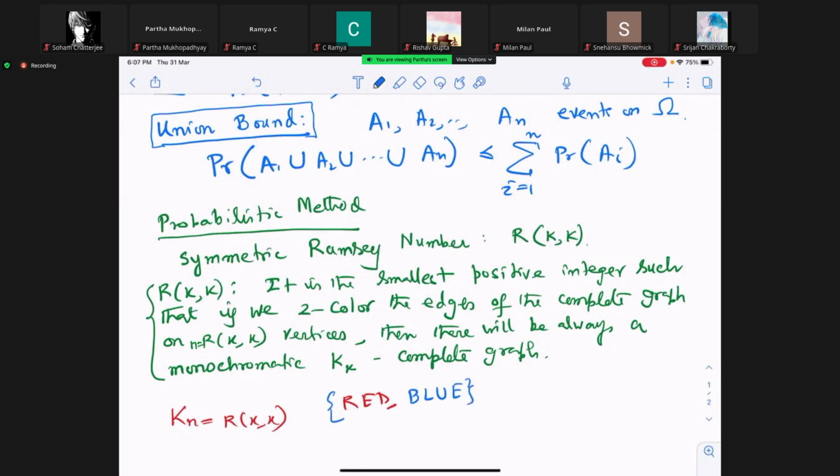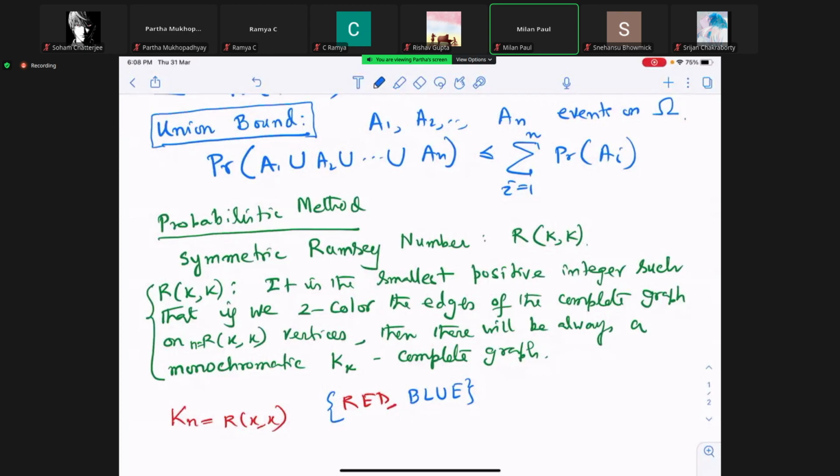Then you can always get a K_k sitting inside K_n which is monochromatic: either all the edges in K_k are red or they are blue. Is the definition clear?